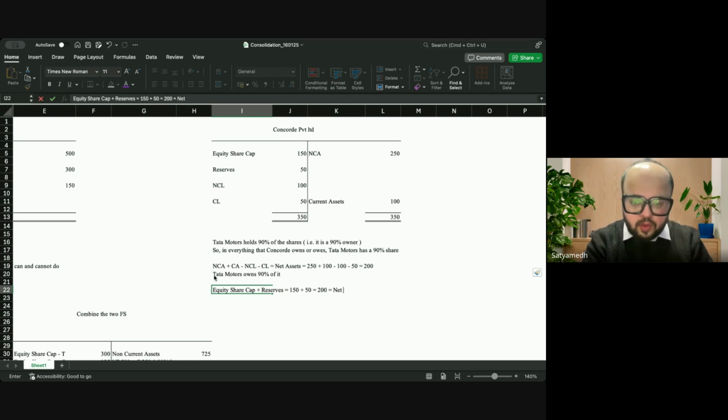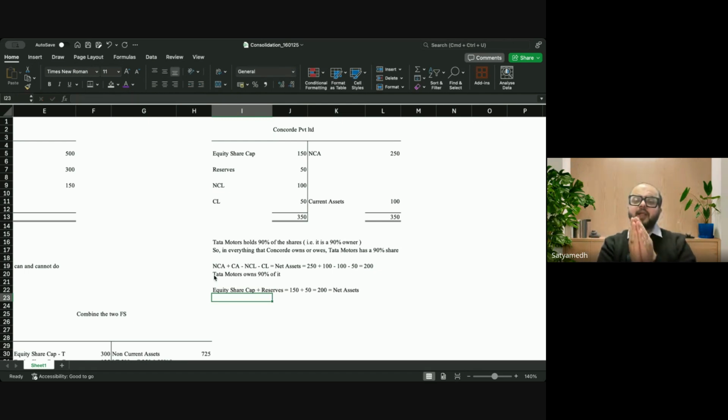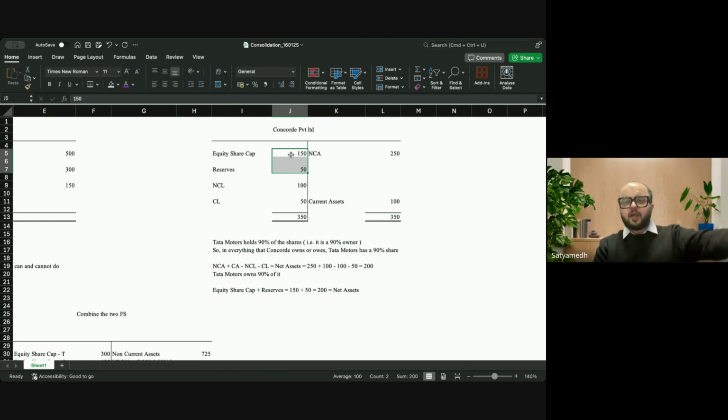This is also equal to the total of net assets, basically the amount that belongs to the owners of the company. See, from total assets of 350 I paid off the non-current liability and the current liability. The amount that is left with me belongs to the owners of the company. And among the owners of the company, Tata Motors is a 90% owner. So of 150 plus 50, that is 200, 90% belongs to Tata Motors.